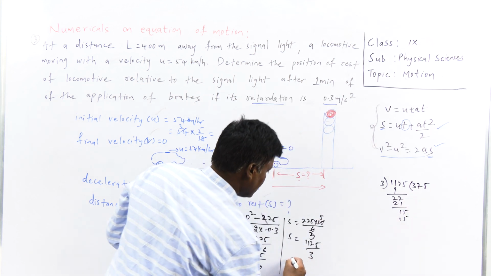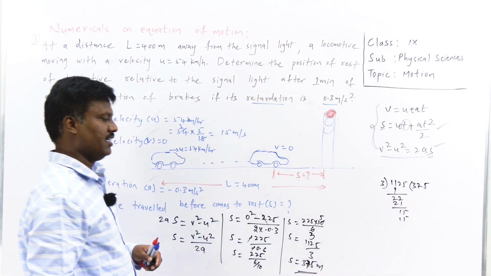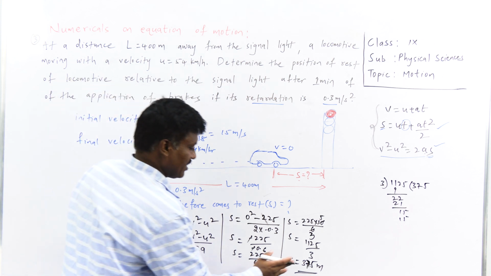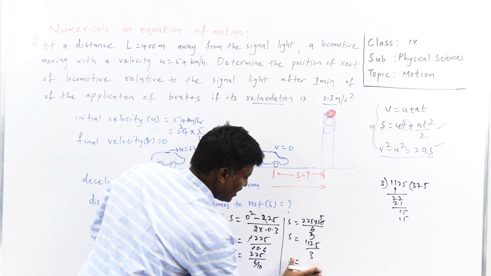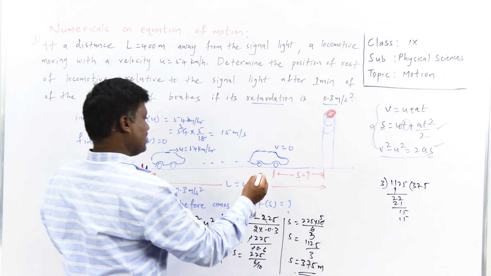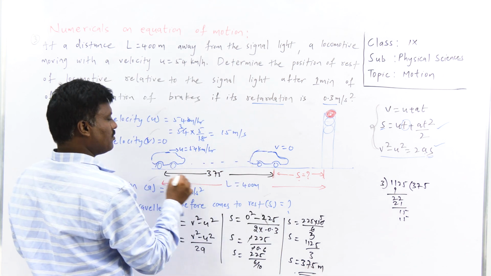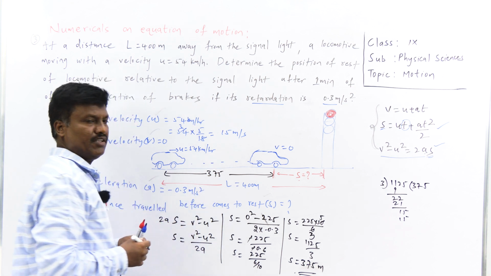So 375 meters. What is the distance traveled by this locomotive after the brakes are applied? 375 meters. Before it comes to rest, it traveled 375 meters.